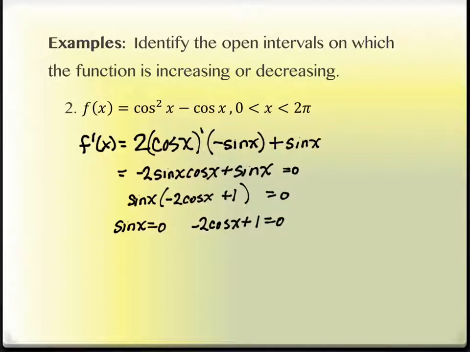Thinking about your graph of sine of x on the interval 0 to 2 pi, where does sine equal 0? 0, pi, and 2 pi. Since 0 and 2 pi are our interval endpoints, I don't necessarily need to write them, but if I do, it's okay. So those are the ones for sine.